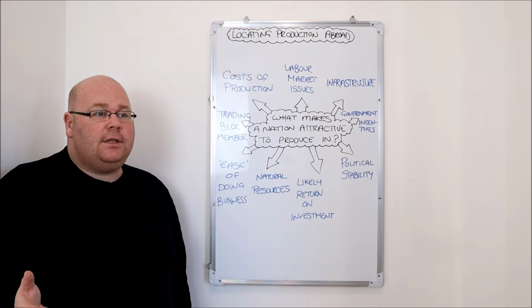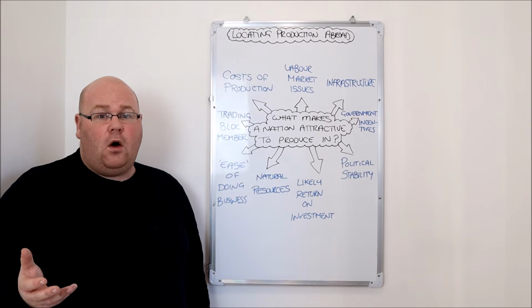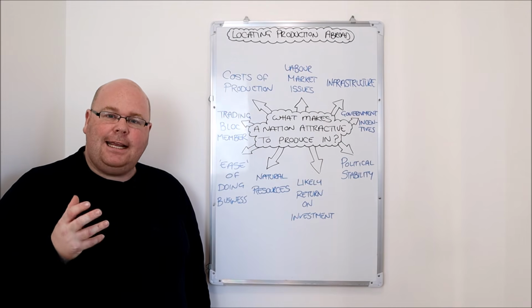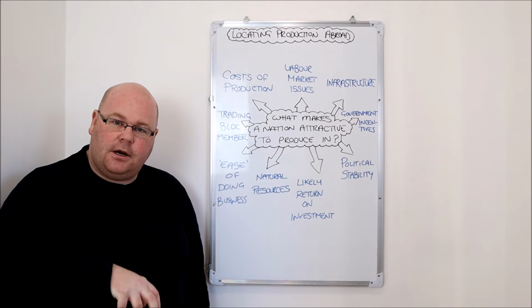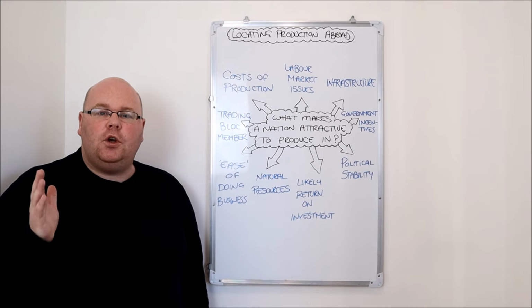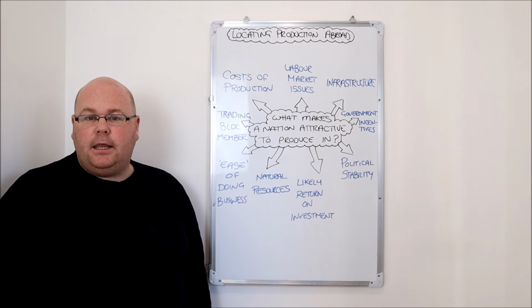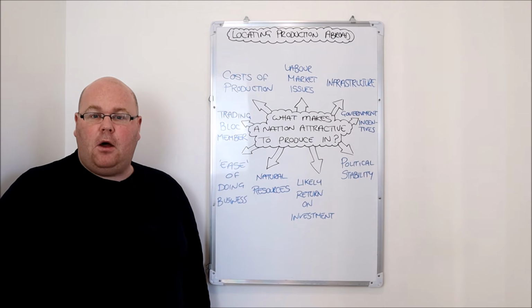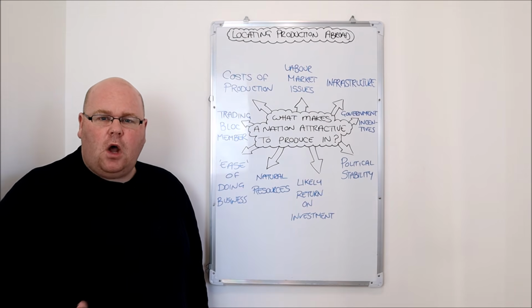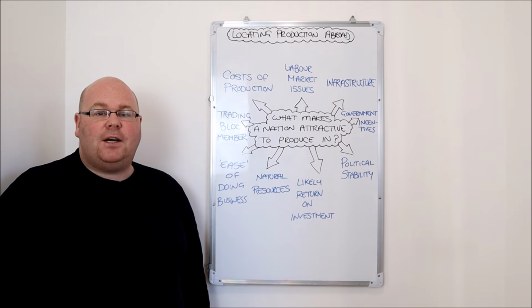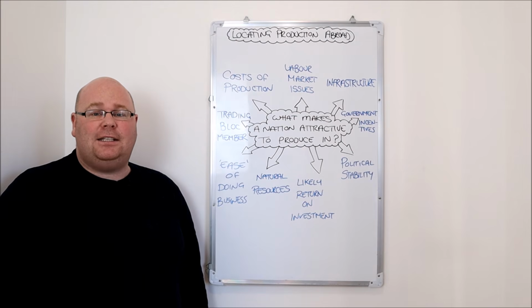So if they produce in a nation that is a member of the European Union, they actually have access, by having a production base in that nation, to the entire trading bloc without having to be restricted by the protectionist policies that that bloc might inflict on companies that do not produce within one of the borders of a trading bloc member. So there's a whole host of issues that might affect where a business decides to base its location.